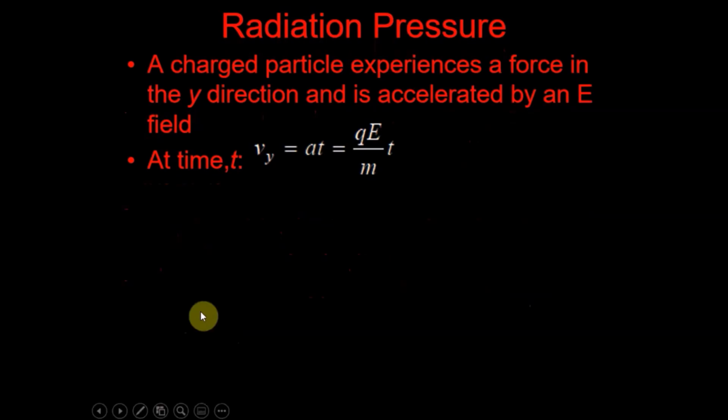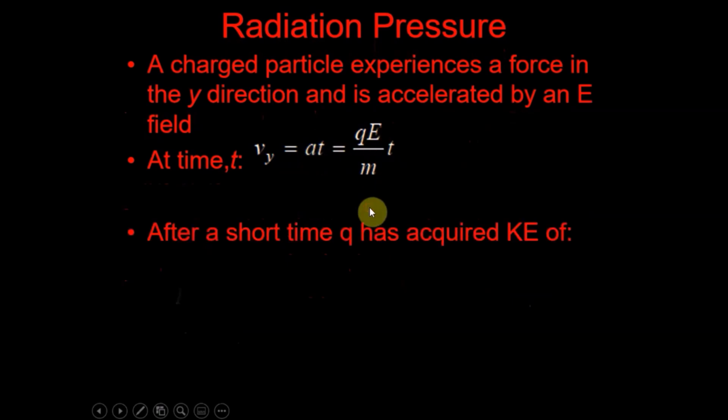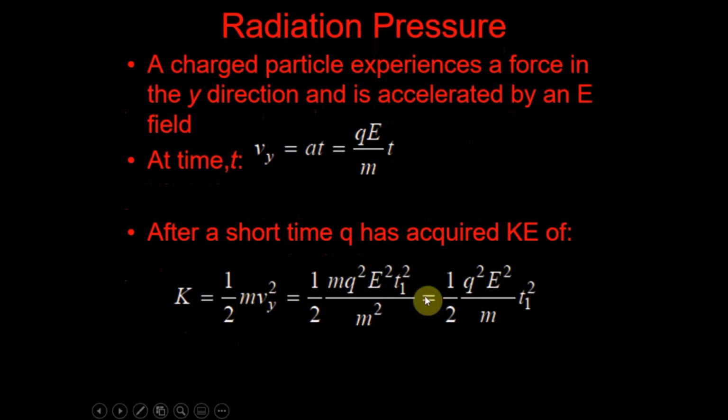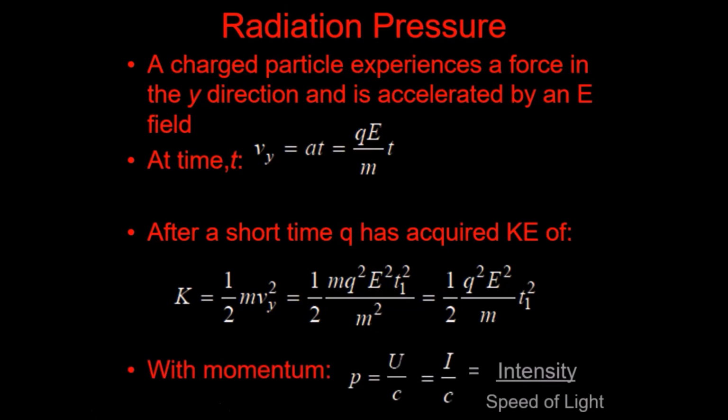You don't necessarily need to use this equation here. We're essentially just substituting in for the acceleration of a particle, and that'll actually translate kinetic energy to an object. What does this mean for us? That means that momentum, P equals mv, can be given to an object based on just light hitting it.